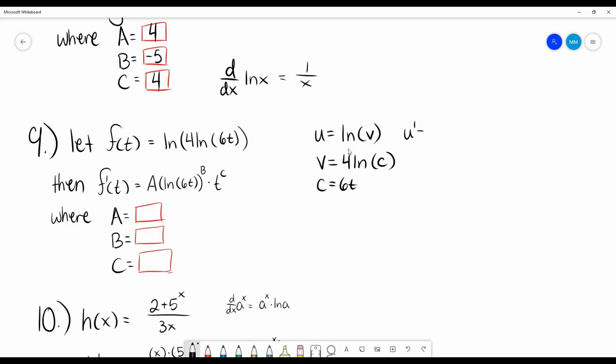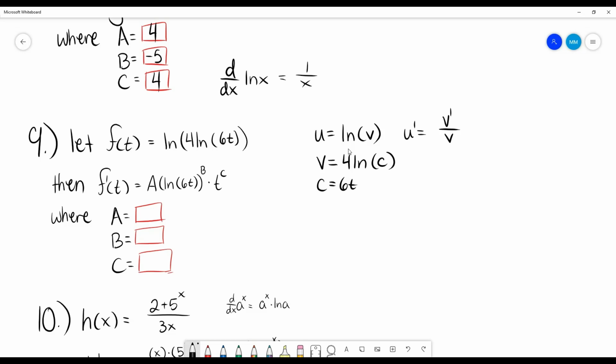Awesome. Our derivative of u is going to be, well, 1 over v times the derivative of our inside, so I'll put that on top over v, right? Because the derivative of the natural log of v is going to be 1 over v, but because it's chain rule, we also multiply by the derivative of our inside, which in this case is v.